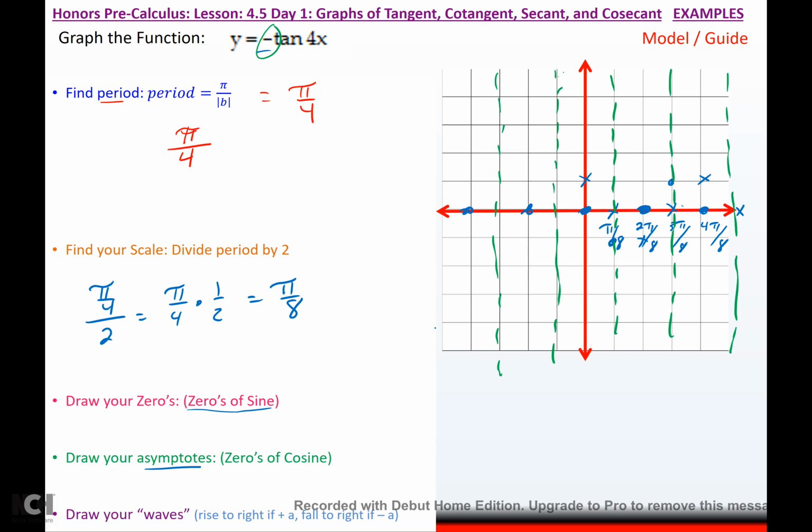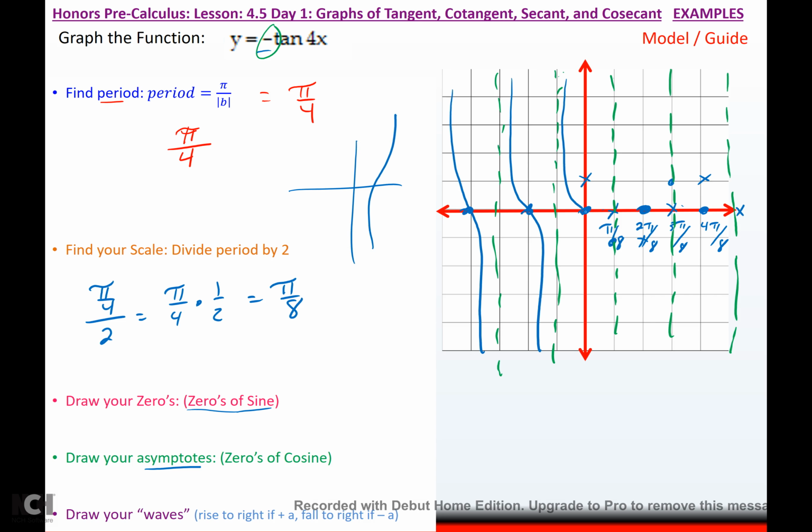Again, because it's negative, it's going to fall to the right. So we're going to come down like this. Stay in between your asymptotes, and you just kind of wave on through your 0. And there would be my tangent function.